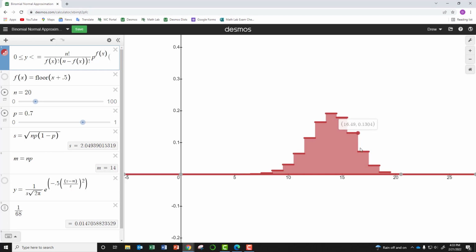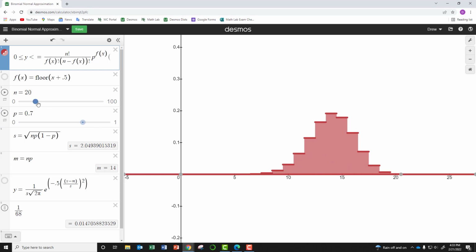But in any case, this is what it looks like where the height of each of these bars represents the probability that the outcome for your binomially distributed random variable will be the exact value that's shown along the horizontal axis, right? So what's the probability that we get exactly 15? Well, it's the height of this bar, which is 0.1789. This is a way of visualizing the binomial distribution.